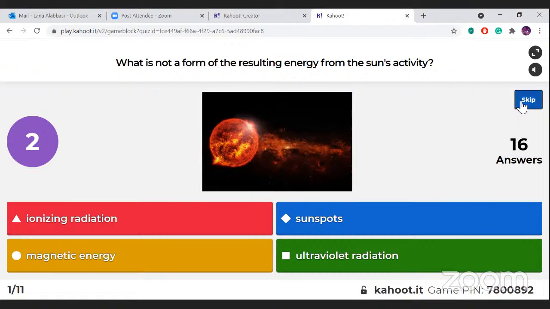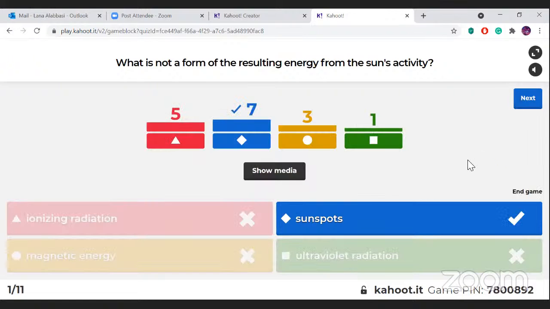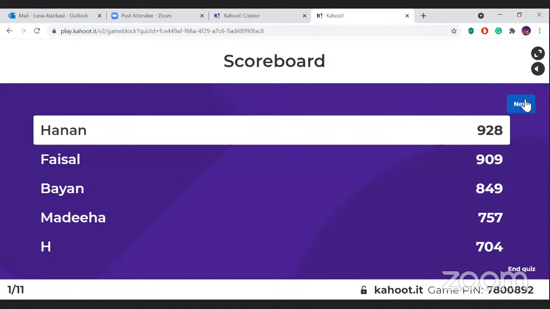So let's see the answer. So the correct answer is sunspots. Sunspots is not a form of the resulting energy from the sun's activity. So well done to you all.